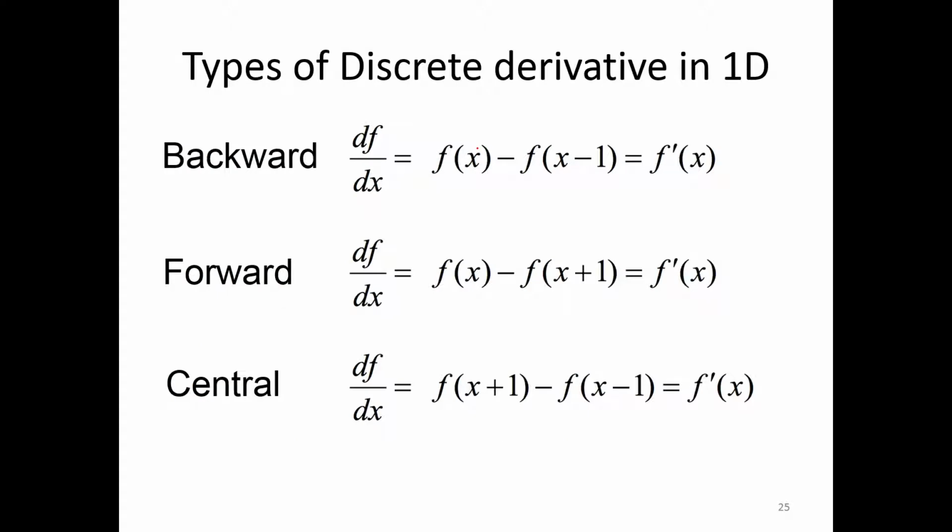So we can do a backward approximation, where we have the current pixel minus the last pixel, or a forward approximation, where we have the next pixel minus the current pixel. Or you can do a central approximation, like the next pixel minus the previous pixel.